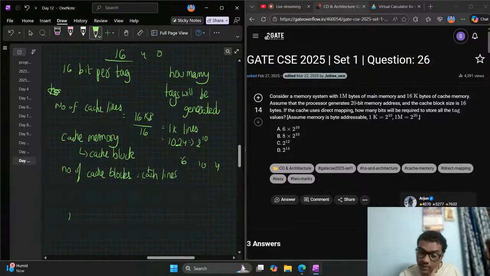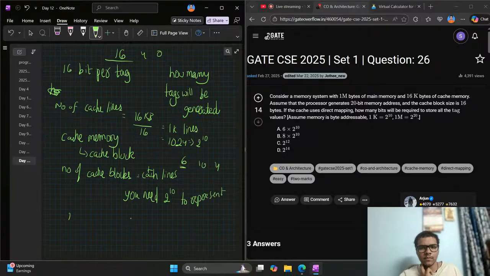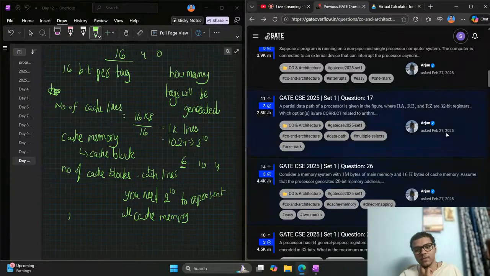So tag values, you need tag values here. So how many? You need 2 power 10 to represent all cache memory. That makes sense.